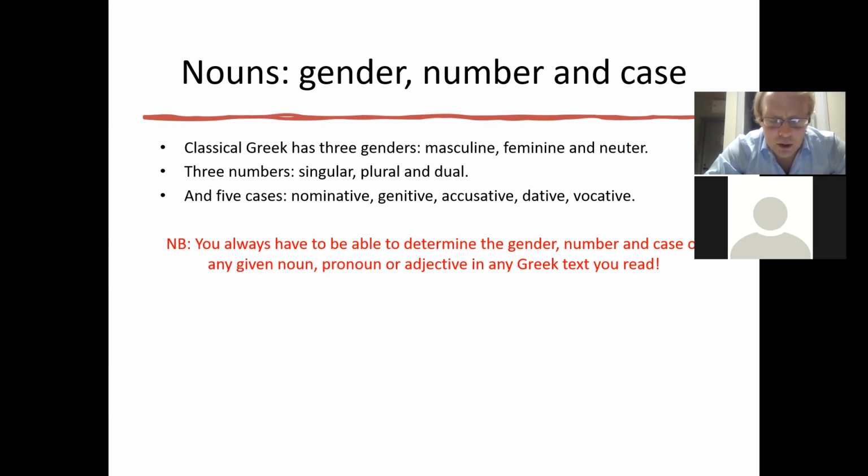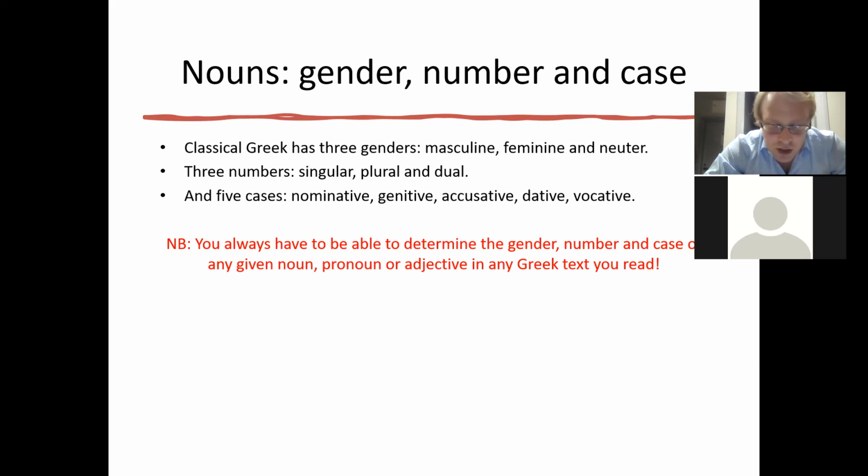Of modern European languages, at least Irish retains the dual, but actually dual forms were quite uncommon already in classical Greek. And therefore, we will not deal with them to any greater extent during this course. In other words, the numbers we will concentrate on during this lecture and in the following ones are the singular and the plural.